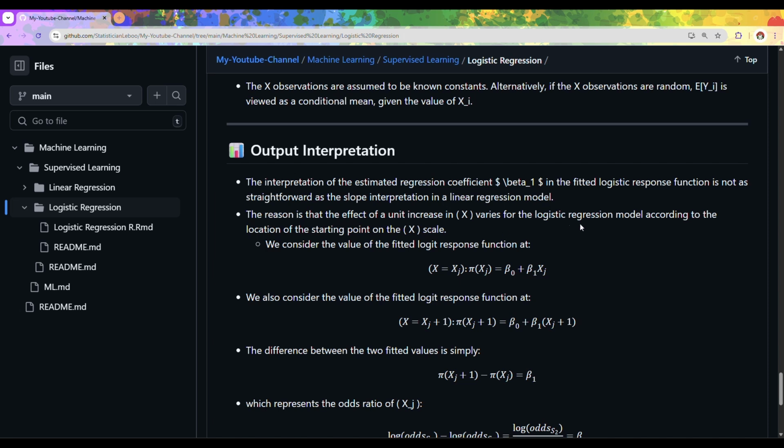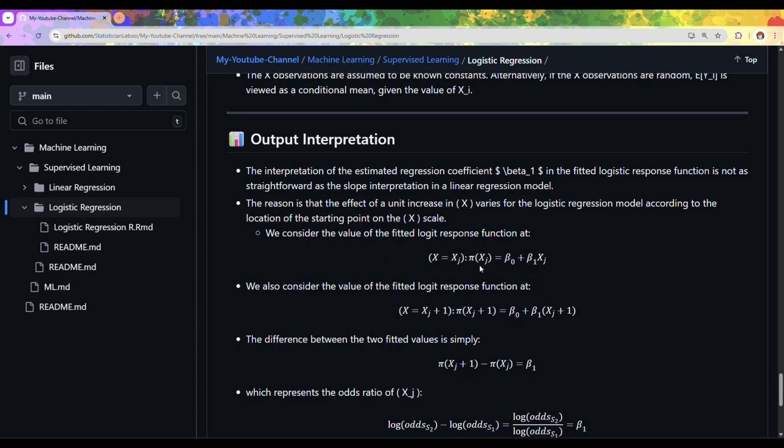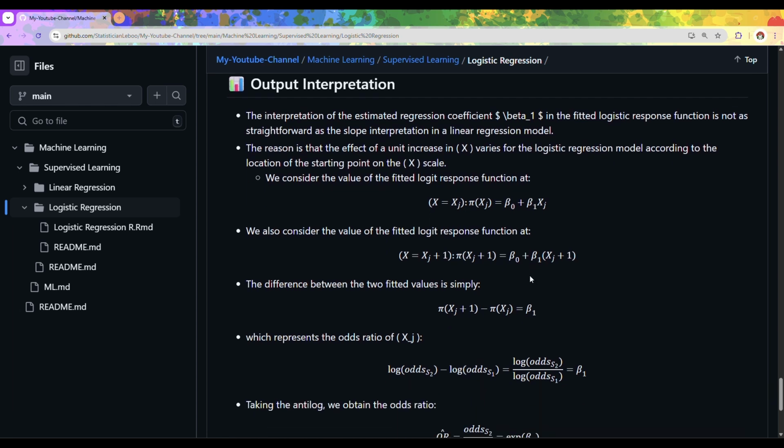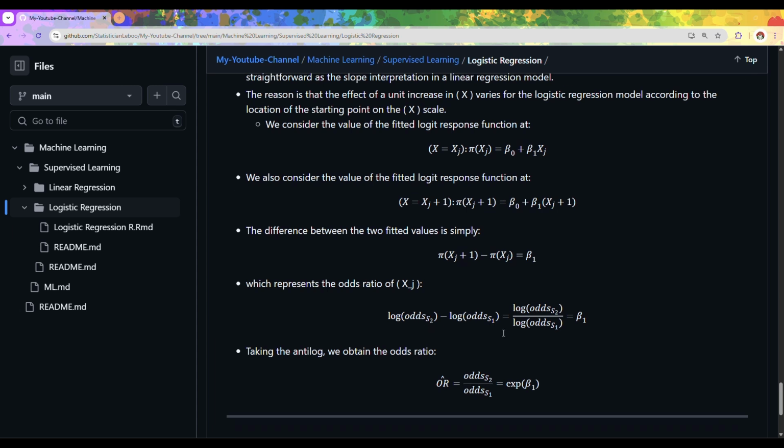In logistic regression, according to the location of the starting scale, we consider the value of the logit response function at beta naught plus beta 1 xj. We consider that as our start. So the equation that we have, we now take something we call an odds ratio, which is the odds at the second position relative to the odds at the first position.